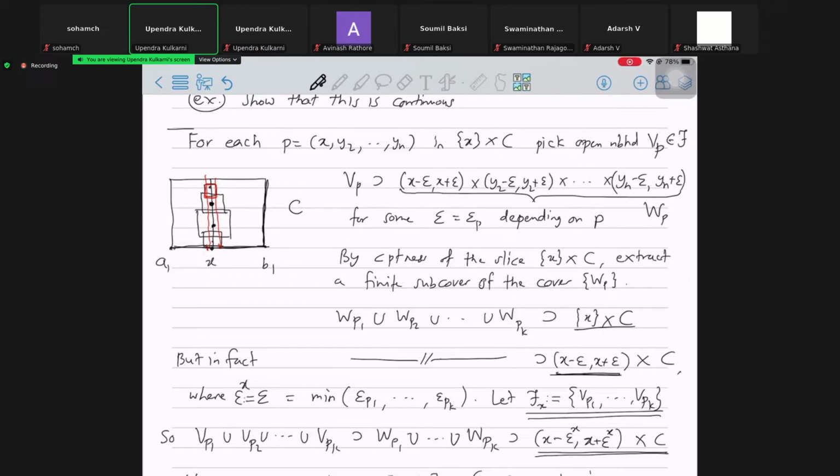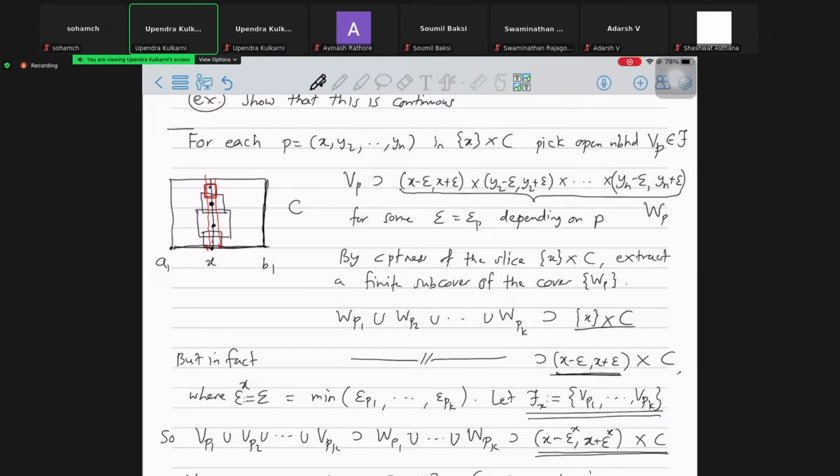So the entire space is covered by the slices, correct? At each point X, I take the slice. But now the entire space is also covered by tubes. Around each point X between A1 and B1, I have found an interval from X minus epsilon to X plus epsilon, such that the tube X minus epsilon to X plus epsilon cross C is covered by a finite number of sets in the given family.